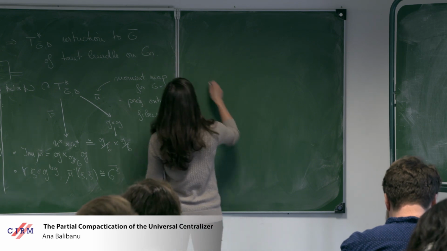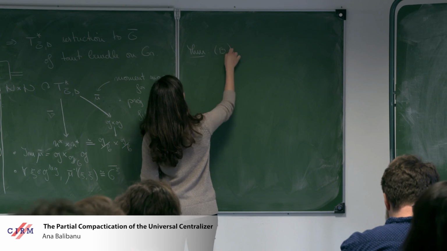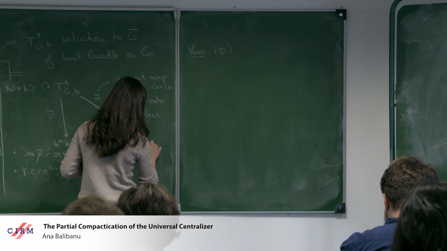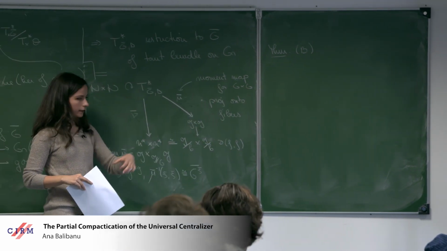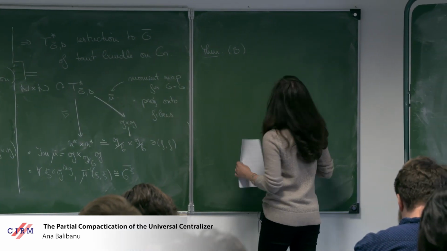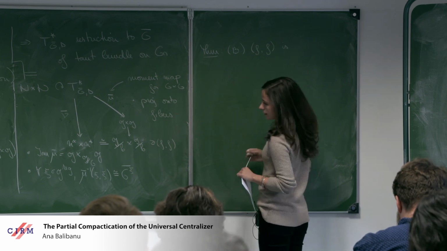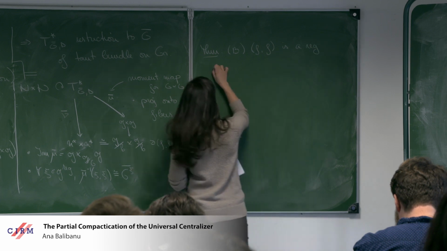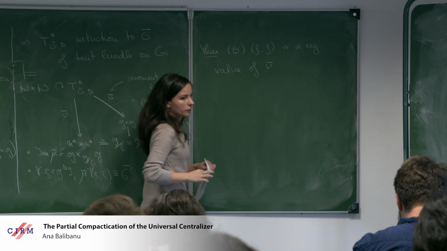So now the theorem is that we consider again the diagonal coset corresponding to the principal nilpotent F. And this point is still fixed by n cross n. It's still a regular value of the compactified moment map nu bar.